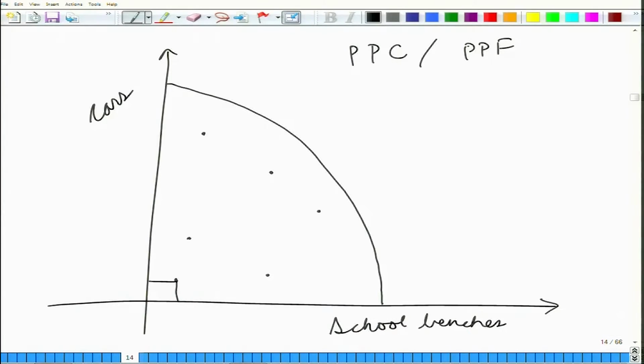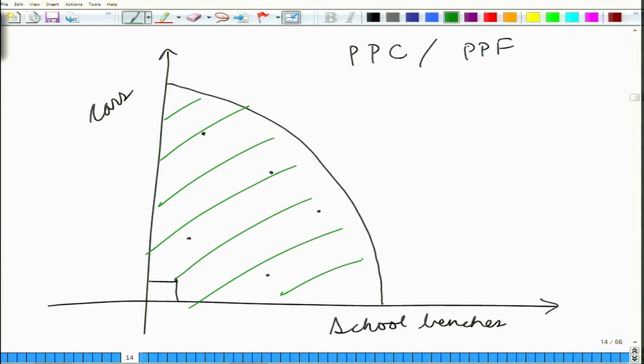Now that is not the most efficient utilization of your resources, because as economists we would want to make the fullest utilization of resources. So anything that is within this curve, anything that falls in this green area is something that you can choose. Anything that falls on this particular curve or on this yellow line is the most efficient way of utilizing your resources, but then you will have to make a choice between what you want.